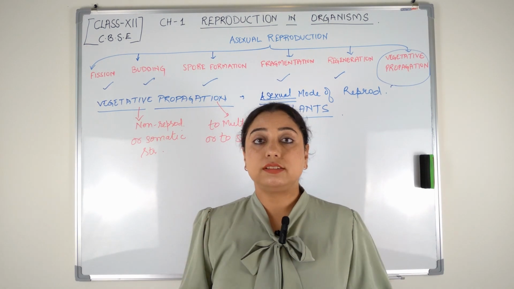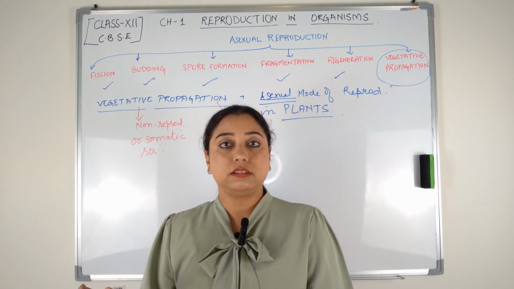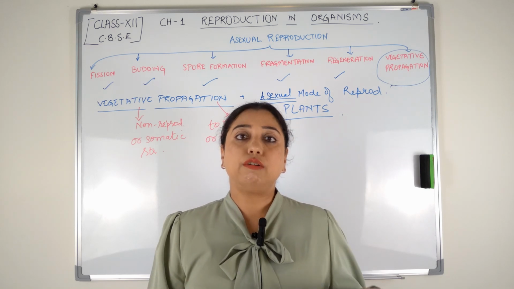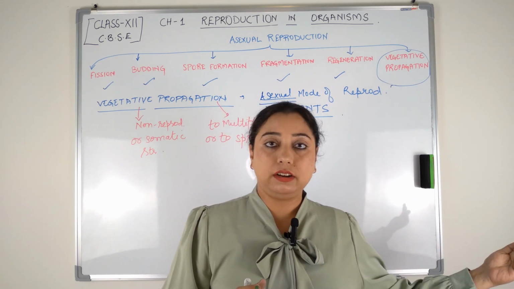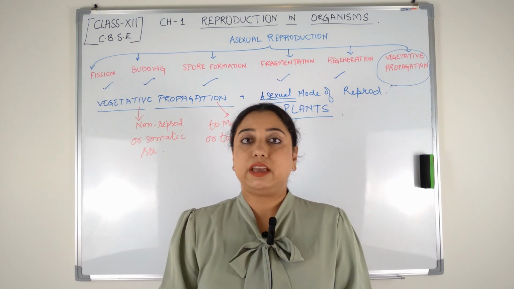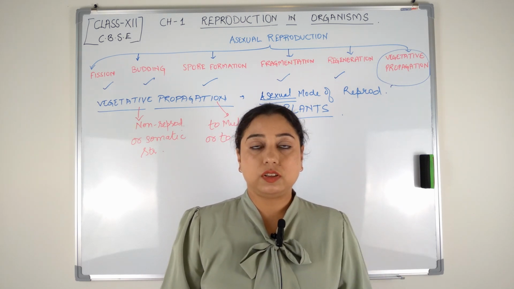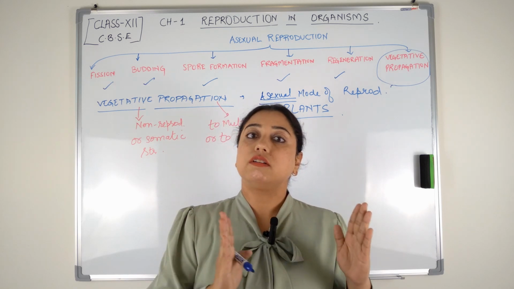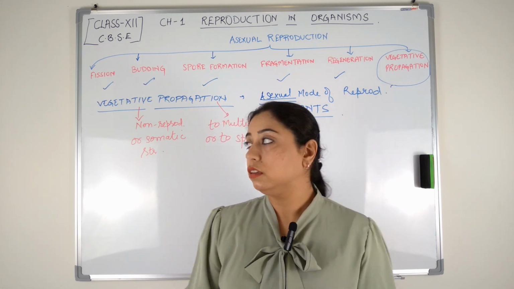So students, what is the definition of vegetative propagation? See, it is the process of formation of new plants by using the vegetative structures of another plant or parent plant like root, stem, leaves, branches, etc., excluding seed or flower. Right?